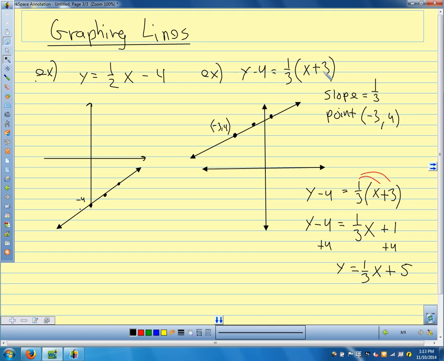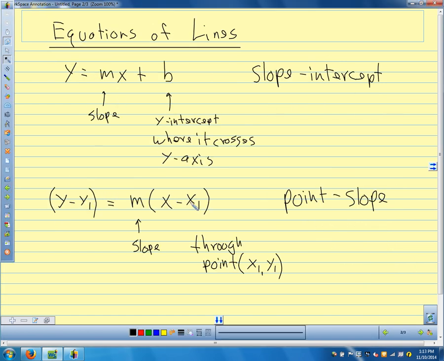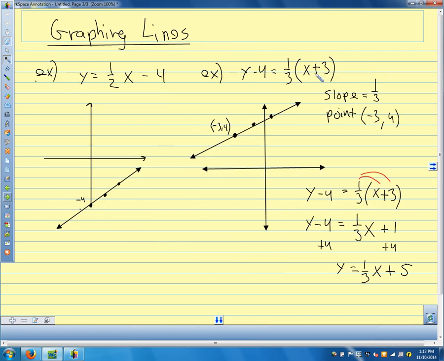So this one, we picked out our point and our slope. And we saw here that the y1 and the x1 are different signs between the point and the equation of the line. So it's because we're given two different forms of the equation for the line, we have to decide how we want to do it. And that's what I was showing here. To change from point-slope to slope-intercept, you distribute here and then solve for y, get y by itself. Okay?